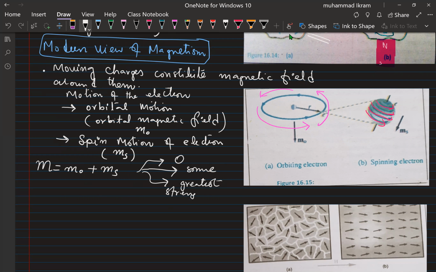All the magnetic materials are based on this modern view of magnetism.